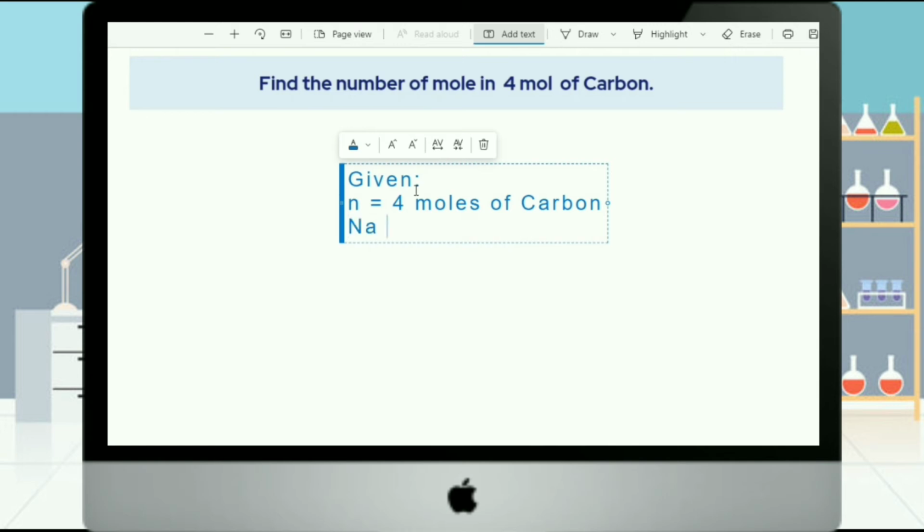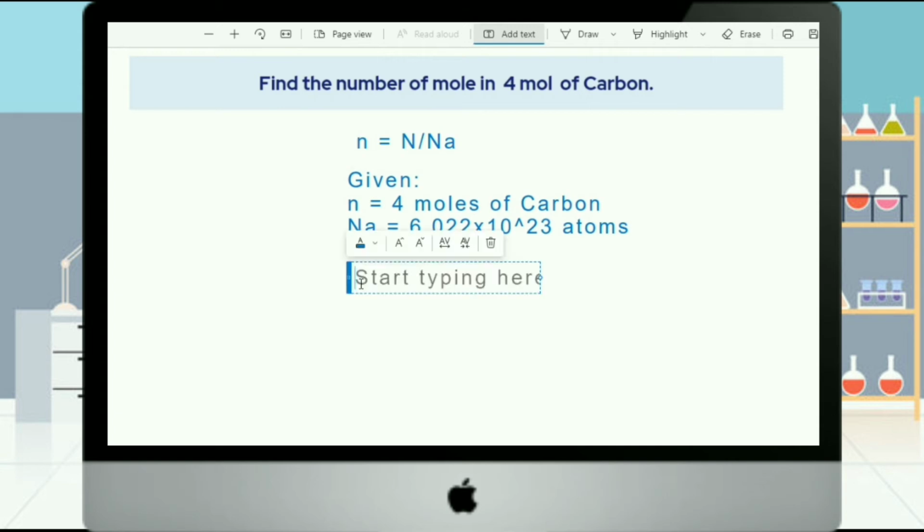And we are also given the Avogadro's number, which is 6.022 times 10 raised to 23 atoms. And we are going to find the number of carbon atoms in the given sample.